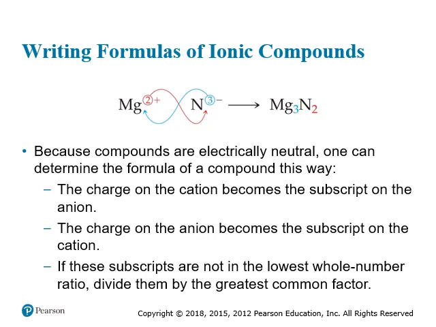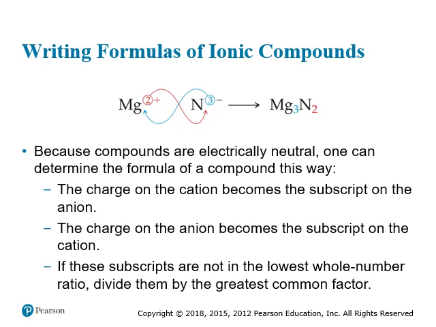We take the charge on the cation and make it the subscript of the anion. We take the charge of the anion and make it the subscript of the cation. And in this instance, it works out in a 3-to-2 fashion. 3 magnesiums are willing to give up enough electrons to make 2 nitrogens happy. 3 magnesiums will give up 2 electrons apiece, giving us a total of 6 electrons being lost.